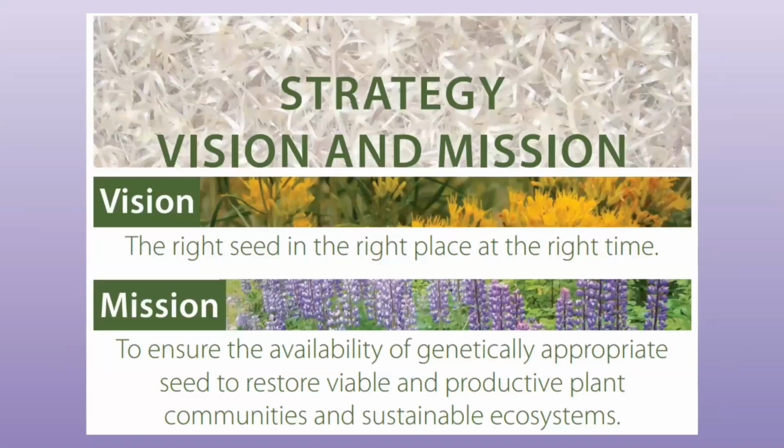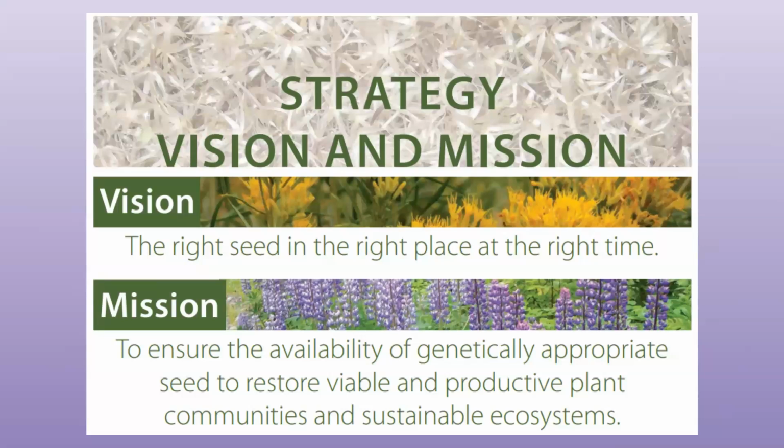And the strategy of the National Seed Strategy, the vision is to put the right seed in the right place at the right time. And we want to make sure genetically appropriate seed is available. So we do a lot of background science stuff to make sure when we collect seeds and increase them and give them back out for restoration that they're appropriate.